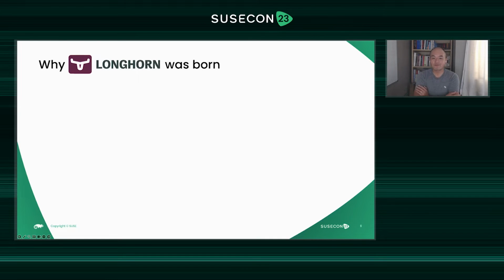Let's talk about why Longhorn was born. A few years back, around 2014 or 2015, we saw a few changes in storage systems. The first thing is that SSD and NVMe technology became much more mature, which made certain optimizations for the spinning disk, related to seek time and aggregating data, unnecessary.